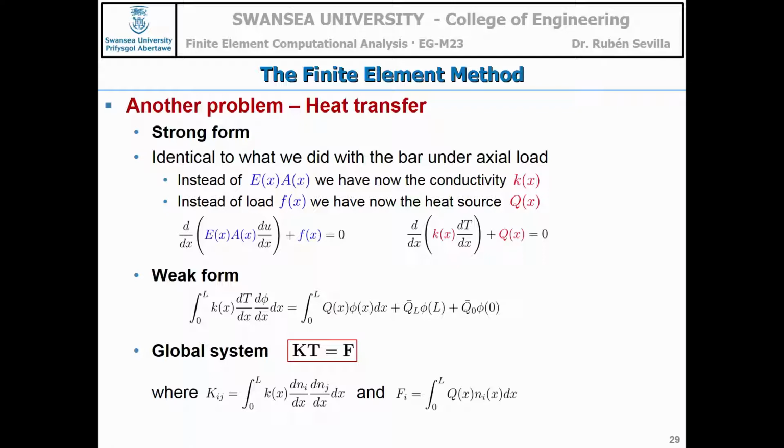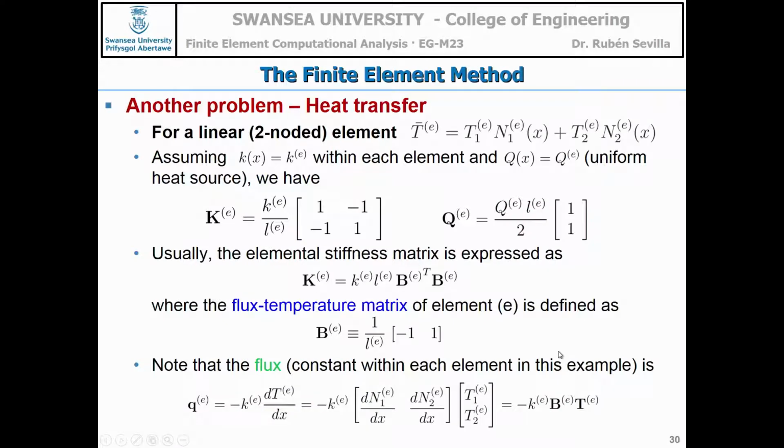You can have a formula for the stiffness matrix of a thermal problem, change E multiplied by I by K, and change F by Q. So you need to be prepared to solve any problem that can be written in the same way.